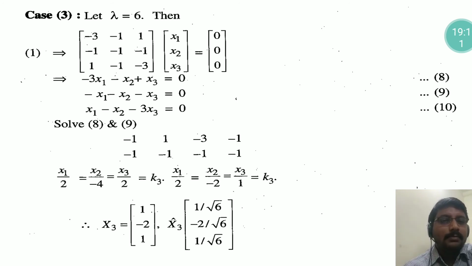Now each and every element of x3 is divided by its norm, that is square root of 1 square plus minus 2 whole square plus 1 square, that is root 6. Each element is divided by root 6: 1 by root 6, minus 2 by root 6, 1 by root 6. It is x3 cap. So these are the normalized eigenvectors, x1 cap, x2 cap, x3 cap.